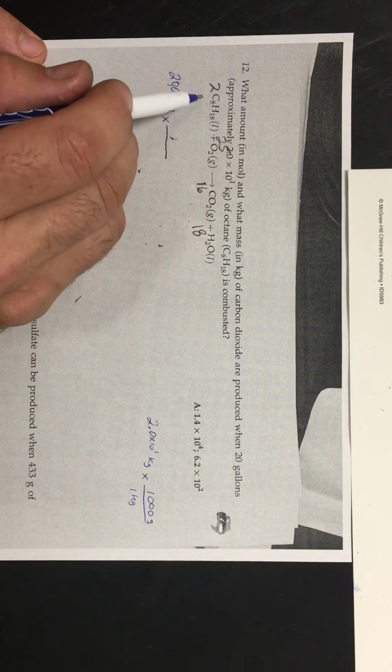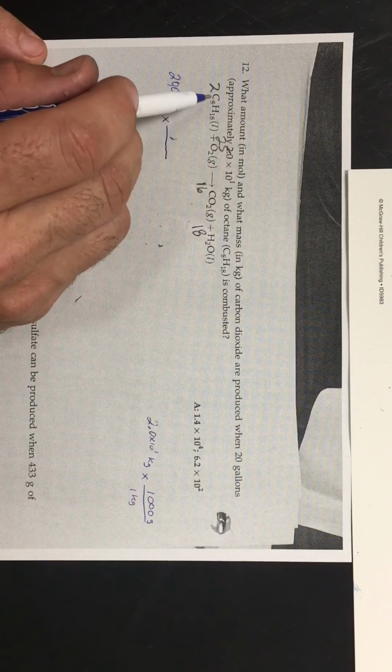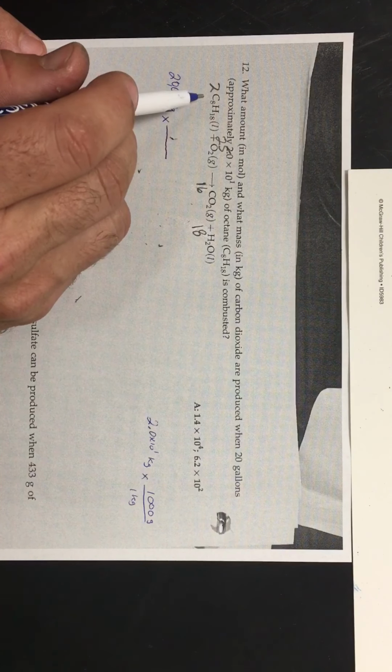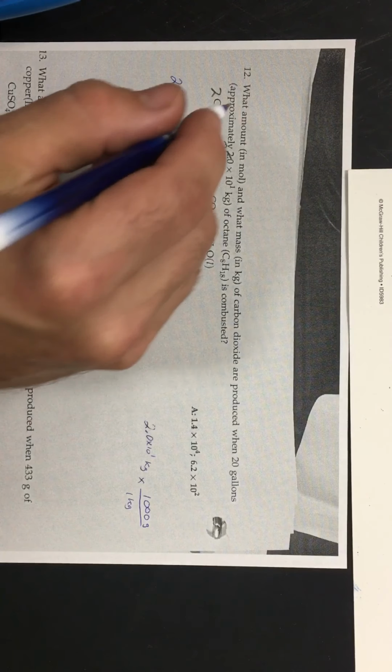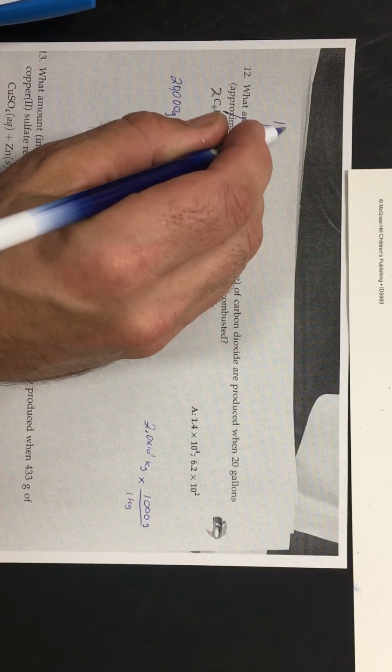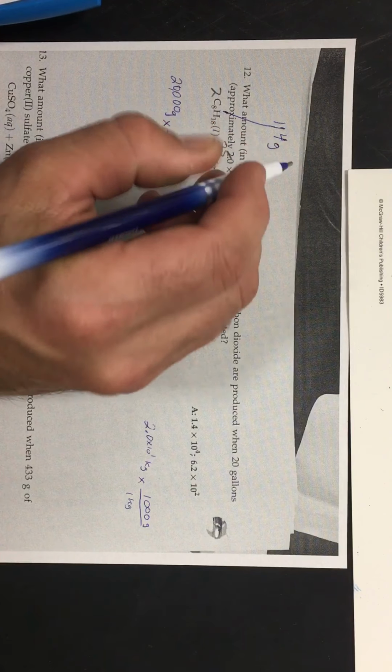So what's the molar mass of octane? Well, carbon has a molar mass of 12. So I got 12 times 8, and then I'm going to add 18. So 12 times 8 is 96, plus 18. The molar mass for octane is 114 grams per mole.